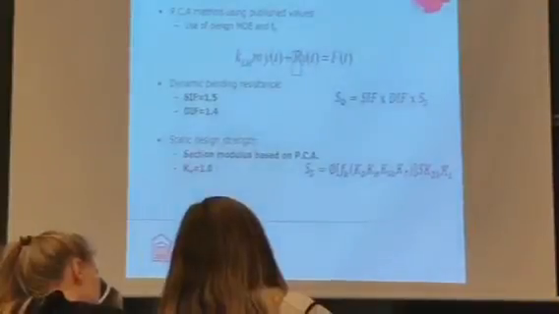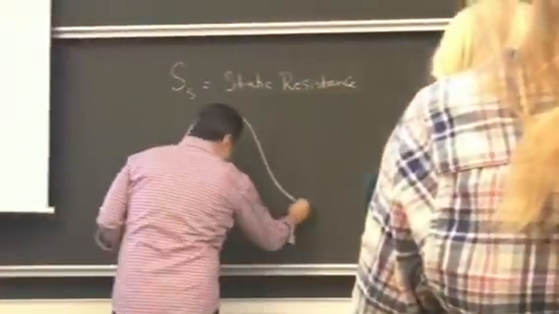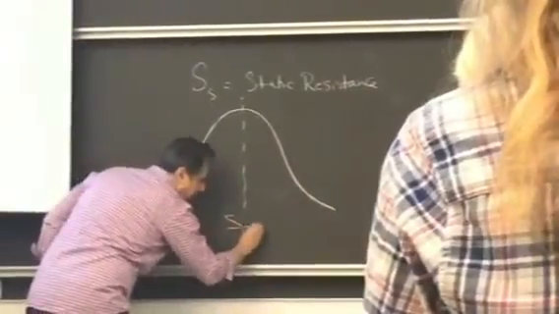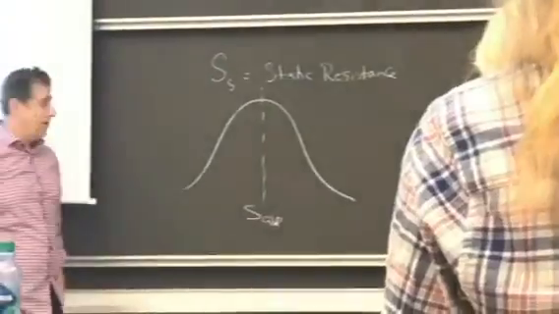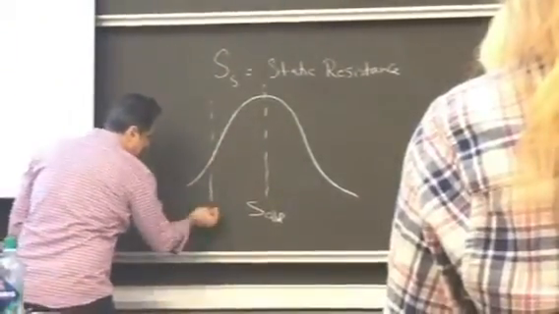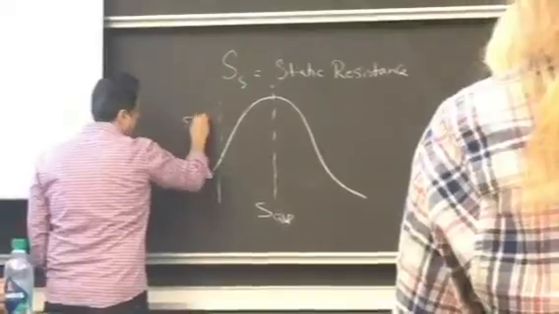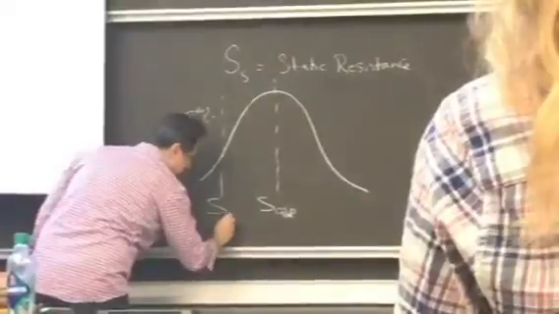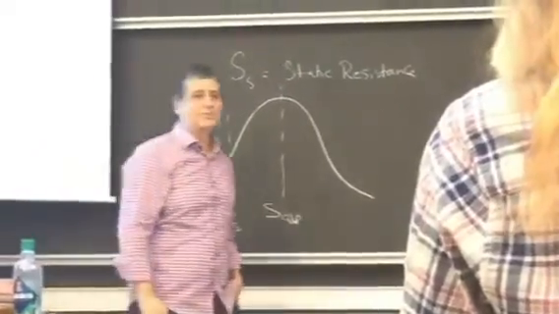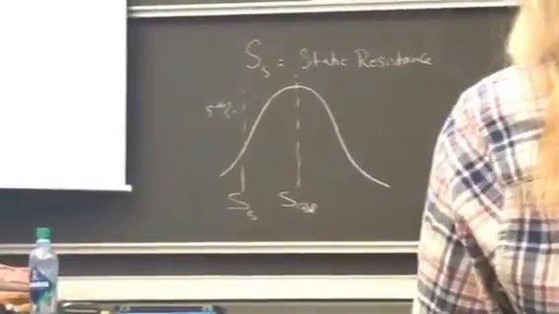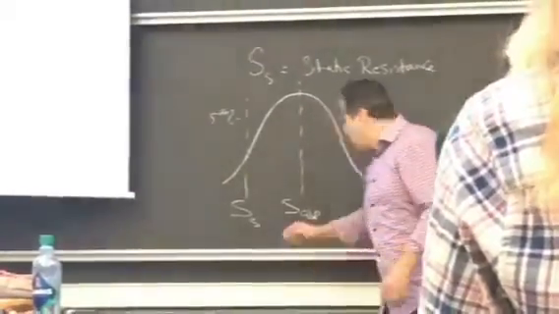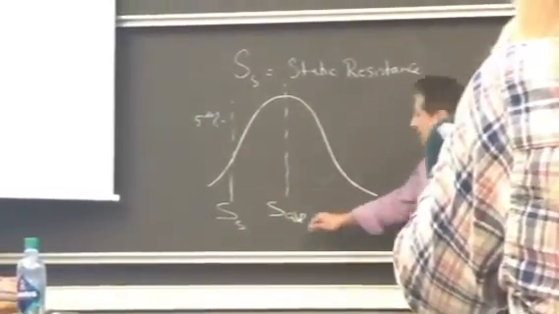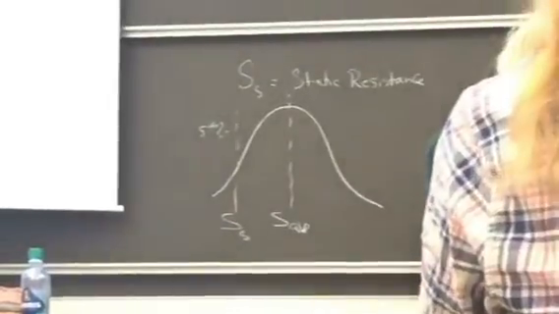So if this is our distribution, and this is our S, let's call it average, then we also know that for design, we go into something like 5th percentile, and we take S static, which is S design, right? We know that there's a probability that our capacity is going to be much higher than the S design, but we know there's also a small possibility that the capacity is going to be slightly less than S design, right? We simply cannot control that.